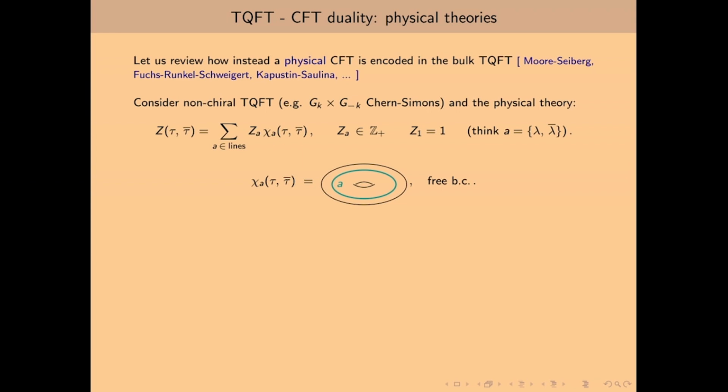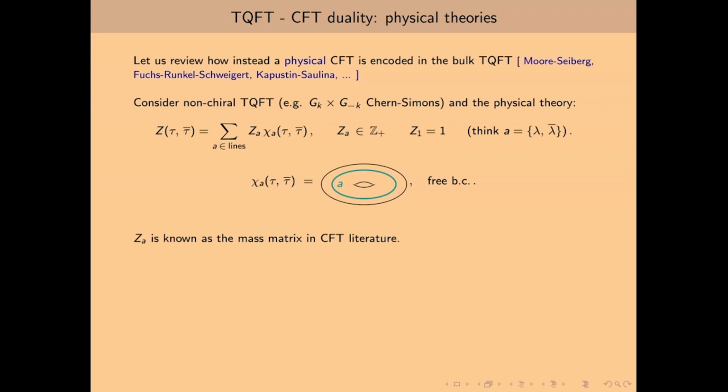The way you define the character now is the solid torus partition function inserting a line A. In this example, A is just some label of G_k times some label in G_{-k}. Then you have to take some linear combination, and this is just the partition function of the CFT. In the old literature this is called the mass matrix.